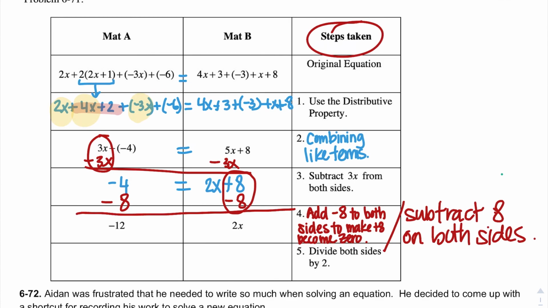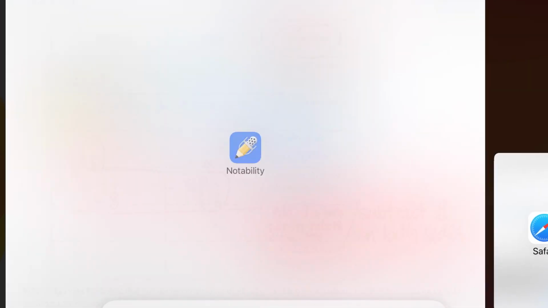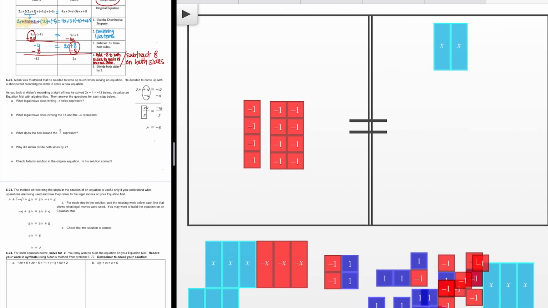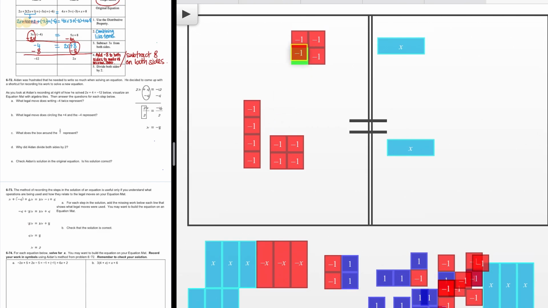Now we have 12 negative 1s and then 2 x's left over on the mat, A and B, okay? I need to break these x's into 2 equal groups. If I break those into 2 equal groups, I need to break these into 2 equal groups. So if I give them equal amounts for each of those x representations, I would end up with 6 negative 1s for each of those x's.